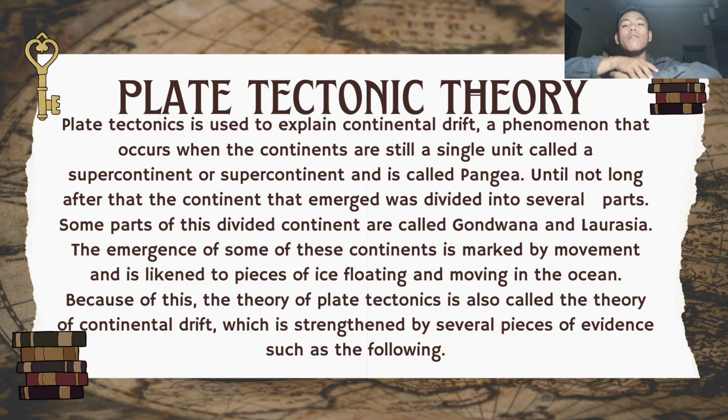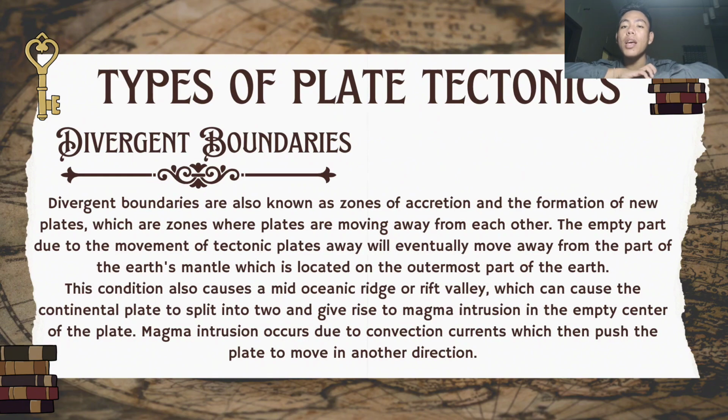Some parts of this continent are called Gondwana and Laurasia. The emergence of some of the continents is marked by movement and is likened to pieces of ice floating and moving in the ocean. Because of this, the theory of plate tectonics is also called the theory of continental drift, which is strengthened by several pieces of evidence such as the following.